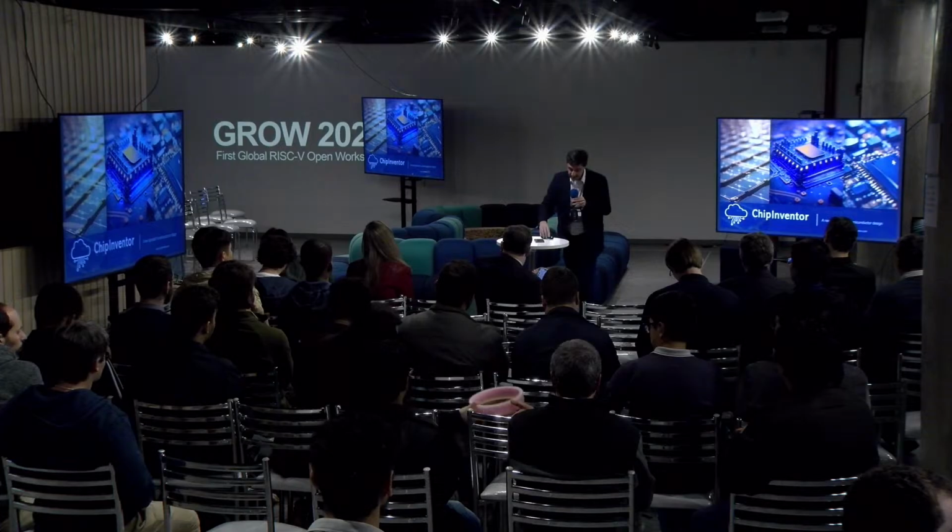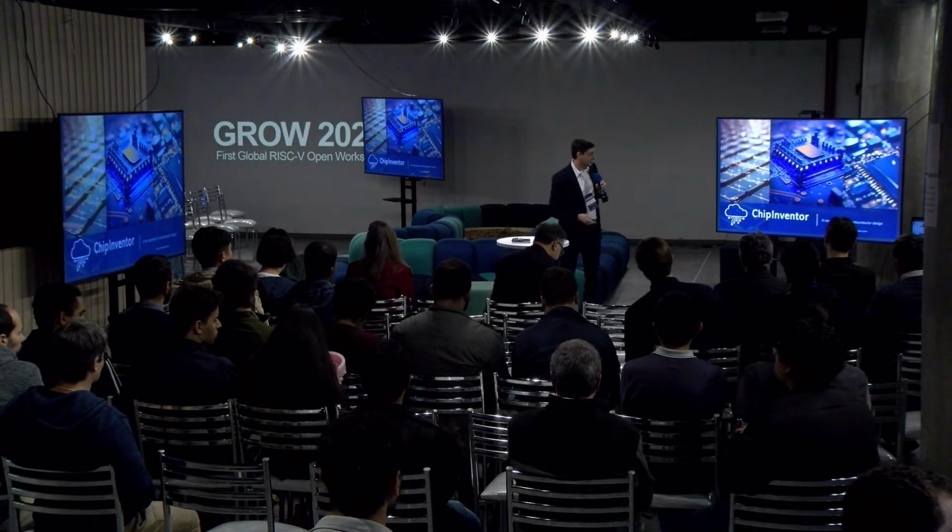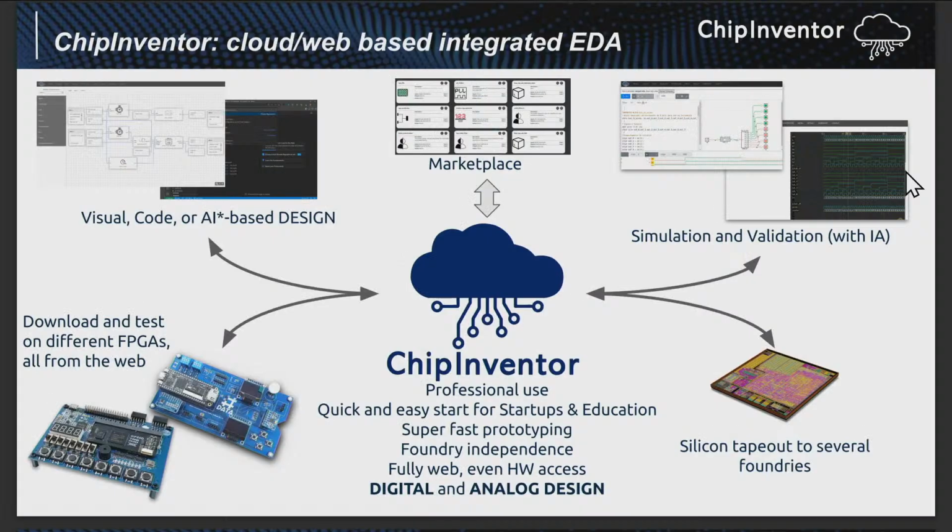So we had the idea at Von Braun Labs of integrating all these open source tools. Right now we have integrated about 40 open source tools into a cloud infrastructure with web-based access. So this is Chip Inventor.